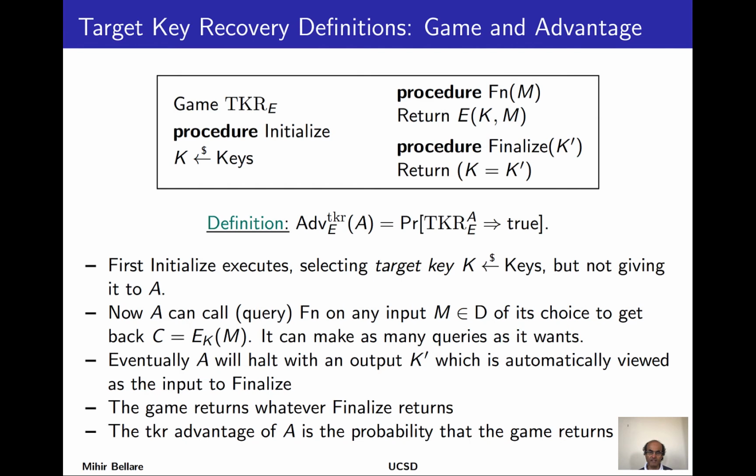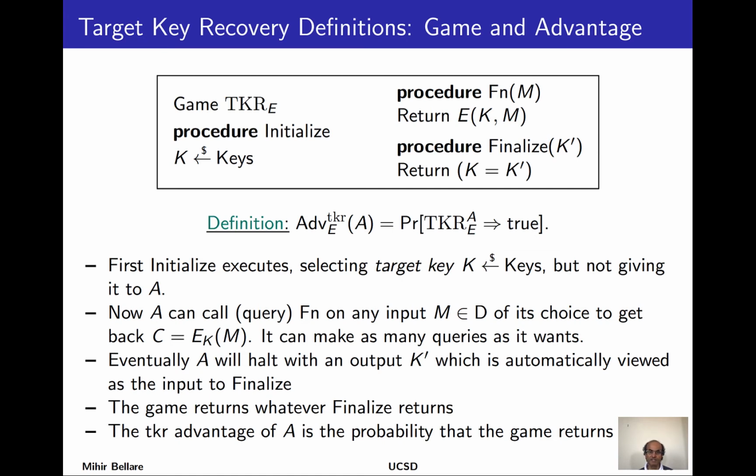What the game does is provide a set of procedures, some of which can be called by the adversary. It's like an API, application programmer interface. So the adversary has black box access to these procedures, and it can call them according to rules dictated by the game. And the game will eventually decide whether it thinks the adversary was successful or not.